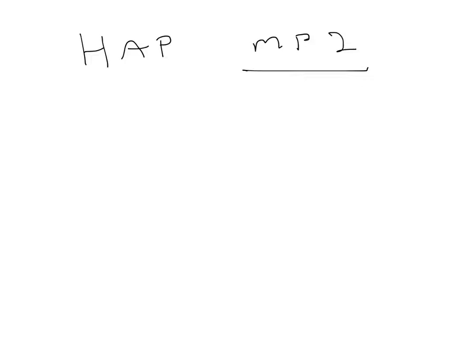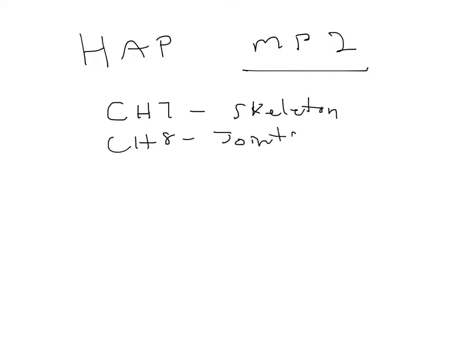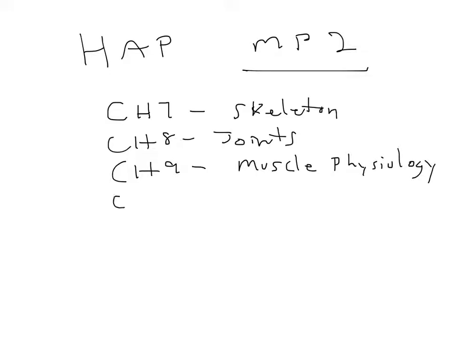The chapters covered in this midterm from Marking Period 2 include Chapter 7, which is on the skeleton, Chapter 8, which is on joints, Chapter 9, which is on muscular physiology and tissue details, and Chapter 10, which is on the human musculature.